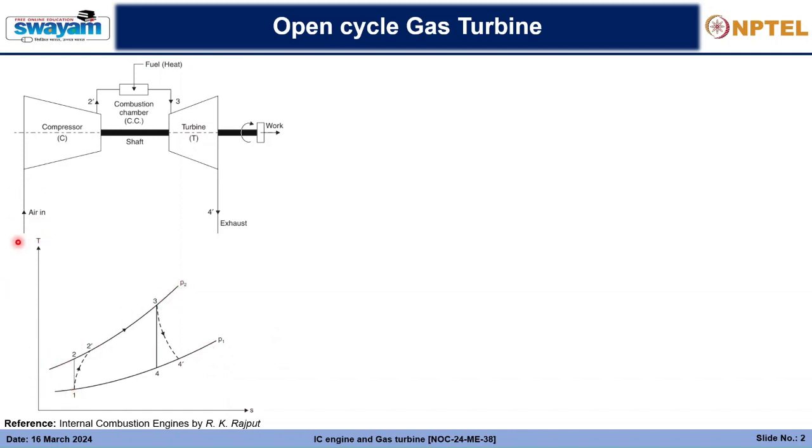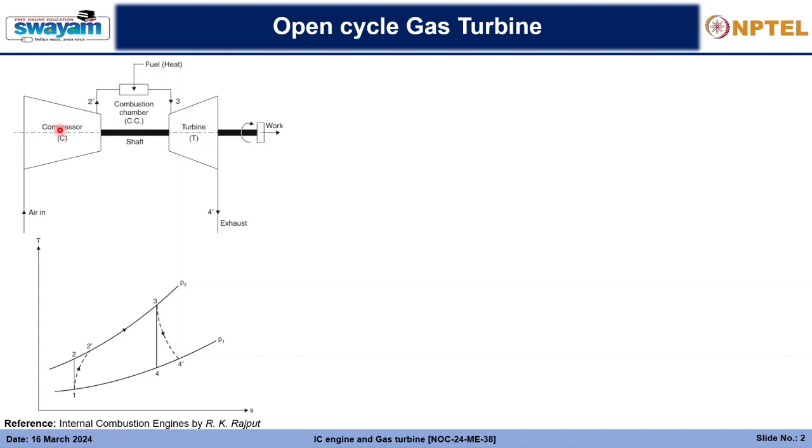Air enters at point 1, the inlet condition, and then moves to 2. We have studied till now that if there are no losses in the heat transfer and in the work done, that process is called an isentropic process.